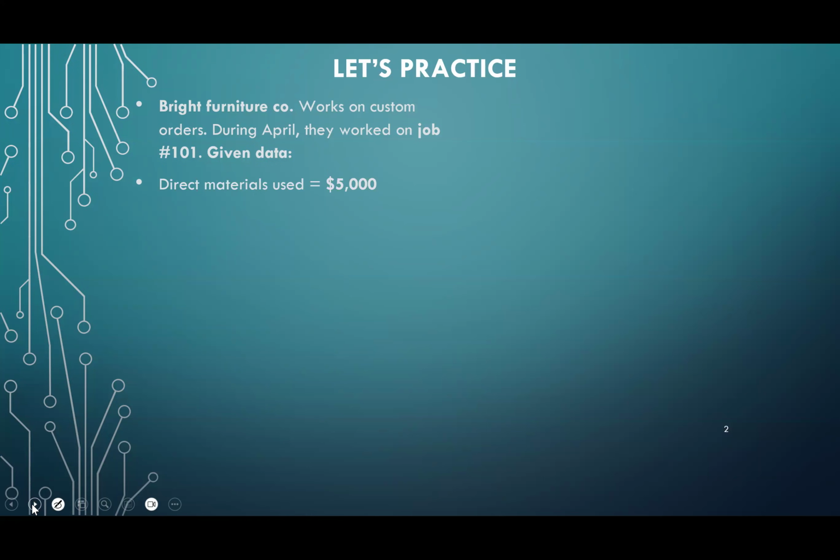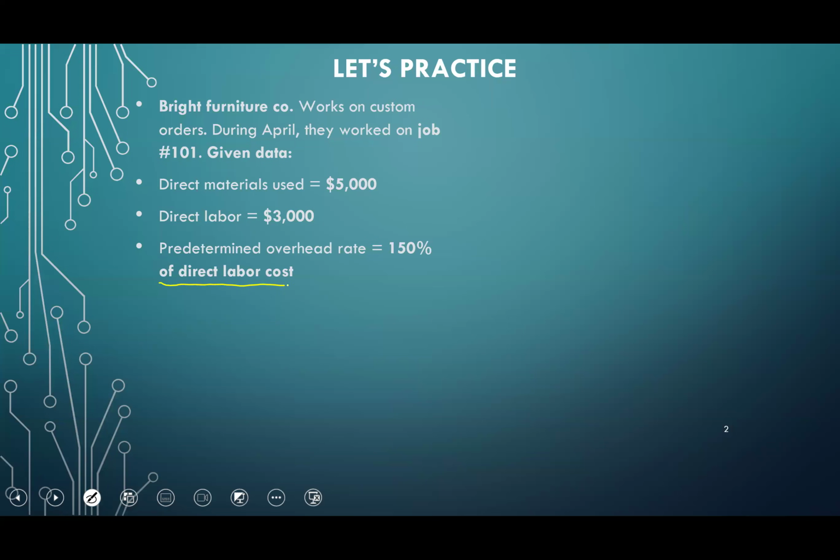The company has used direct material of $5,000, direct labor of $3,000. They have a predetermined overhead rate. Remember, in this case, you are given the rate, you don't have to calculate it. It is 150% of direct labor cost, dollar amounts. So we'll keep that in mind when we continue.